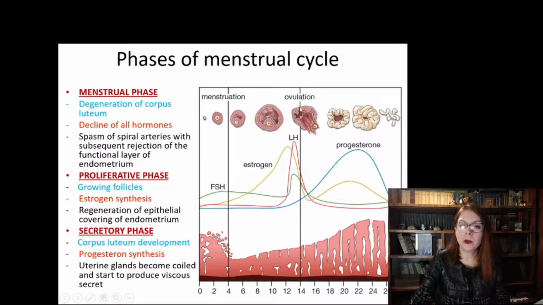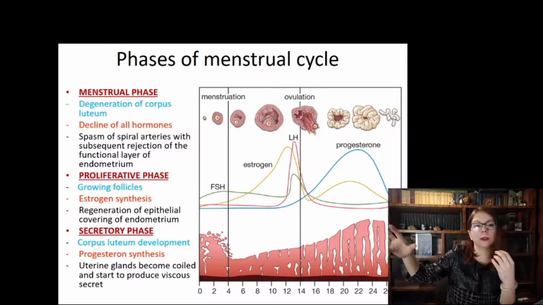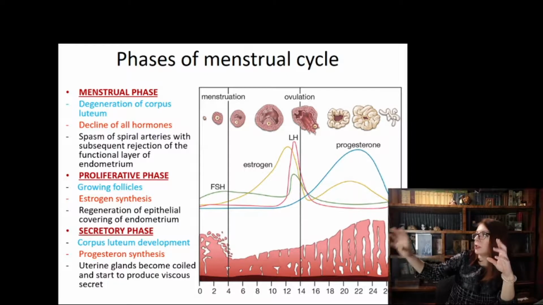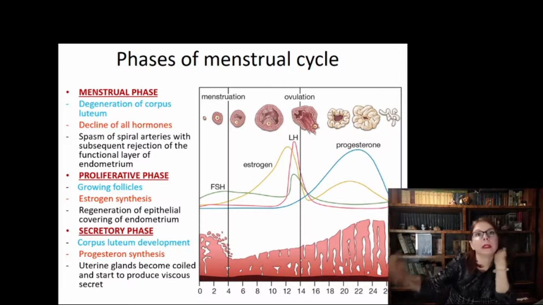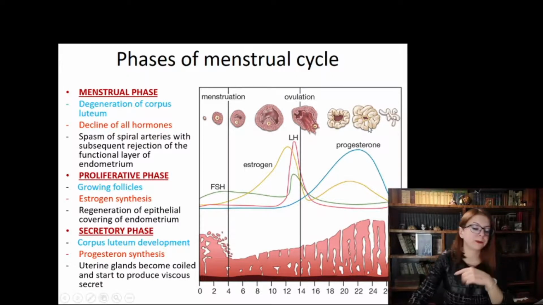Because just after the ovulation, fertilized oocyte travels along the fallopian tube to the uterus. And after 5 days, it should appear in the uterus and be implanted. So during these 5 days of oocyte traveling, uterus should be prepared for the pregnancy, and it is prepared by the progesterone, which is produced by the yellow body. So the main function of yellow body is to stimulate uterus to prepare for pregnancy.